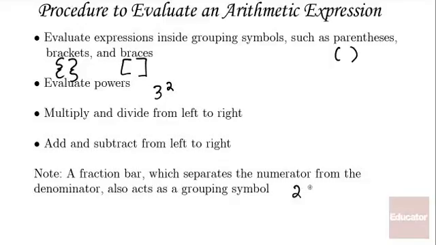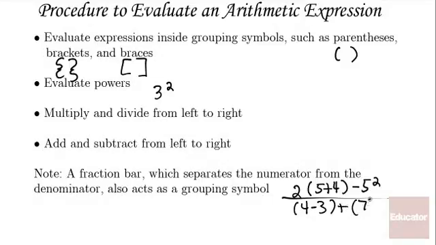For example, I could have the expression 2 times 5 plus 4 minus 5 squared divided by 4 minus 3 plus 7 squared plus 9. In this case, this fraction bar is a grouping symbol. What it's doing is separating the numerator from the denominator.